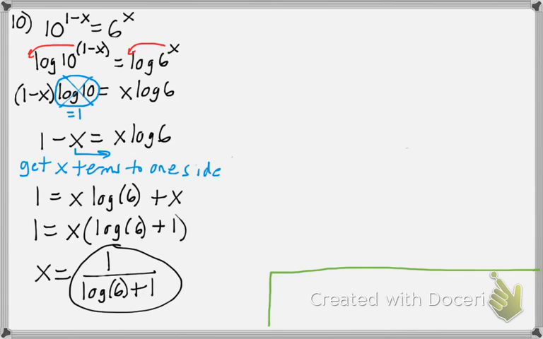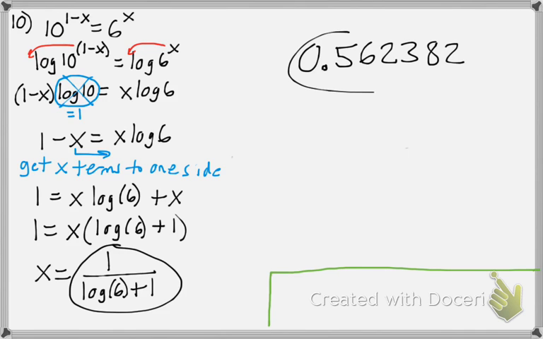And that'll be your answer in exact form. And then if you find the decimal approximation, it'll be 0.562382. And that'll be your answer.